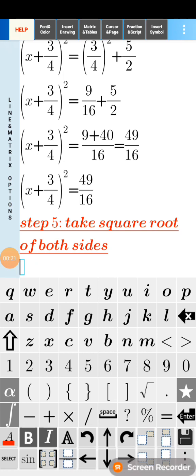Now taking step 5. Step 5 is to take square root of both sides, both equations.